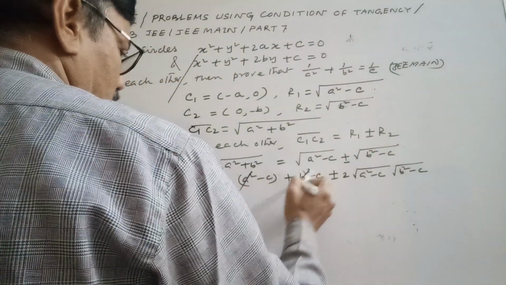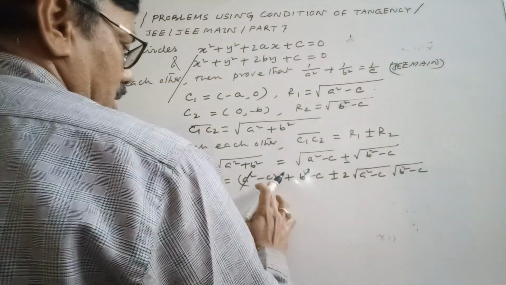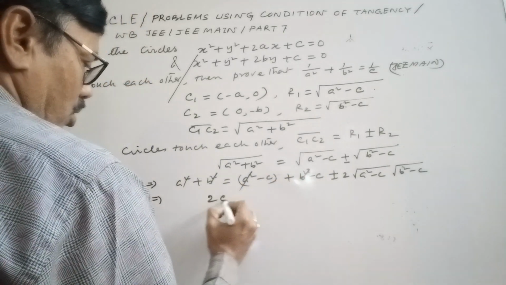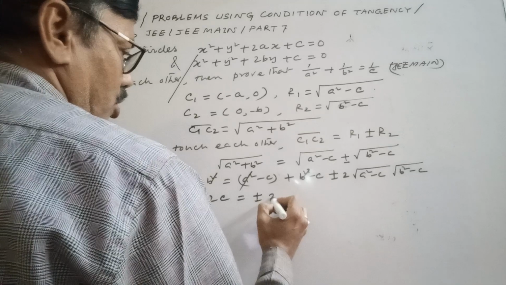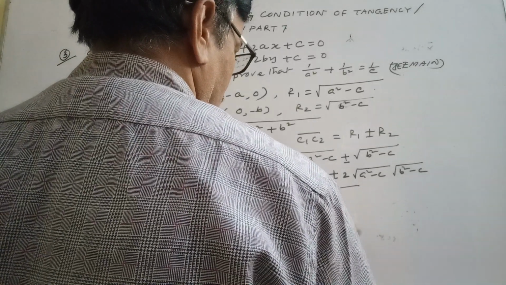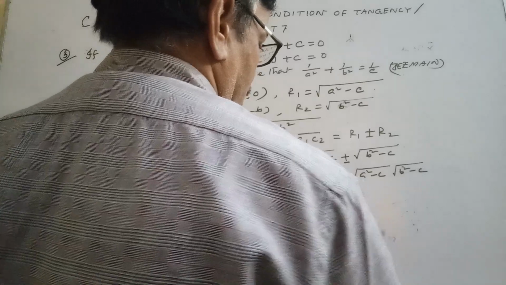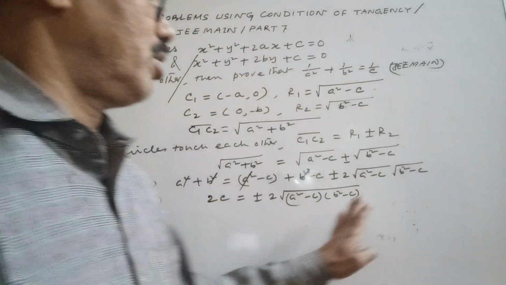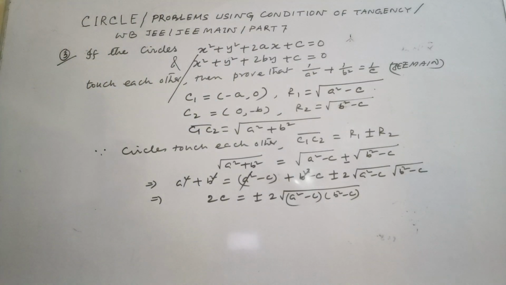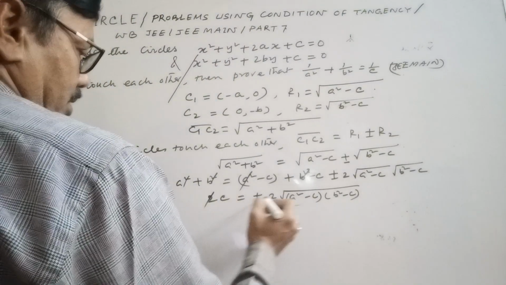Now look, a square, b square cancel out. This is minus c, this is minus c. So 2c equals plus or minus 2 into root of a square minus c and b square minus c. You can take it within one root since both are positive. So 2 cancels out.